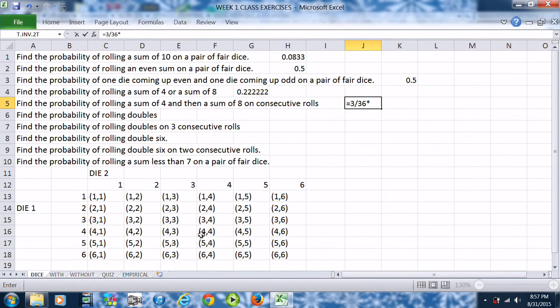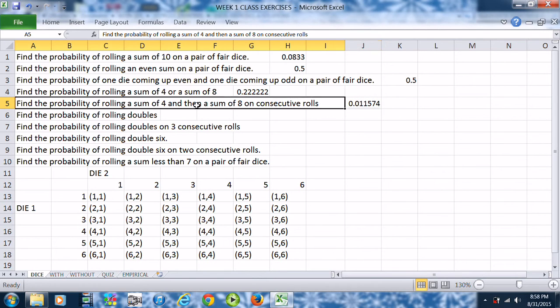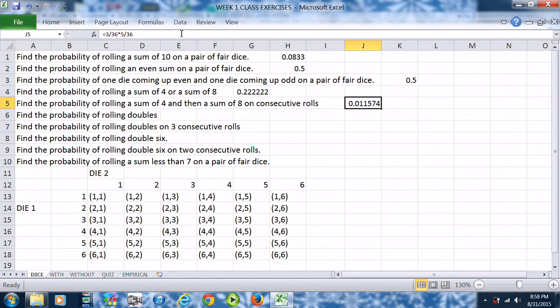Recall that was 1, 2, 3, 4, 5 out of 36. So we multiply the two probabilities together, 3 out of 36 times 5 out of 36, to get 15 out of 36 squared, or 0.011574. So whenever you have an and, it's a product rule, and you want to multiply the individual probabilities. Whenever you have an or, there is an addition rule, and you will be adding some outcomes.